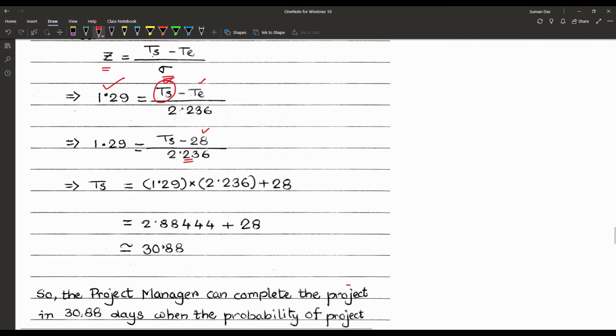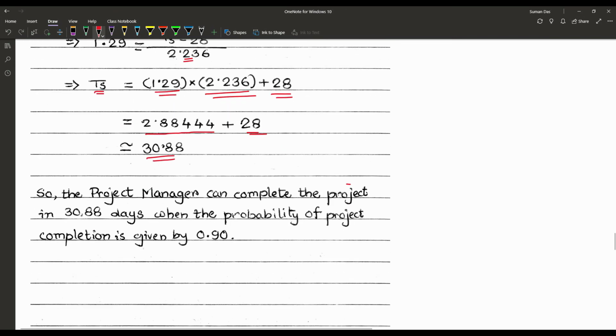So using our normal calculation, TS is equal to 1.29 into 2.236 plus 28, that is 2.88444 plus 28, or nearly 30.88. So the project manager can complete the project in 30.88 days when the probability of project completion is given as 0.90. So when that type of probabilistic problem is given in CPM, we have to use the standard normal table to find the z-score.